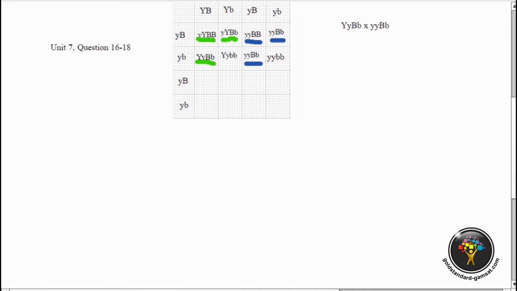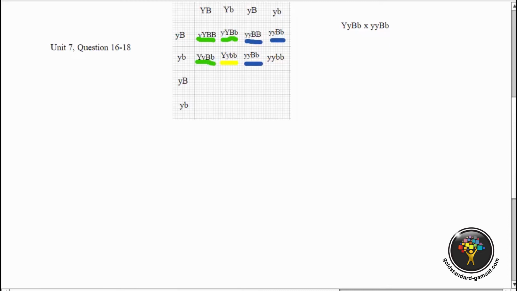Now, we know that the Y stands for yellow pigment. It says it in the first paragraph, in the last line or second to last line, that the Y is for the yellow pigment, and you can see it in the diagram. And if you have small b, well, that doesn't show anything.